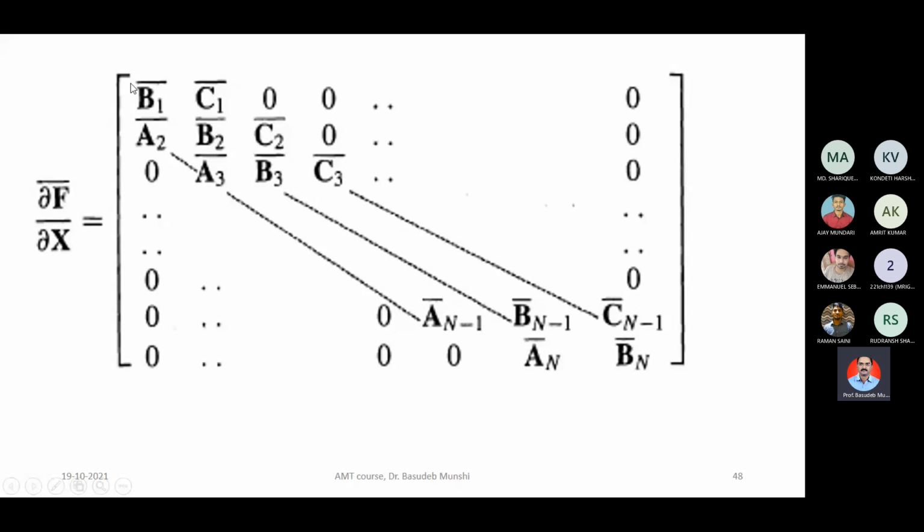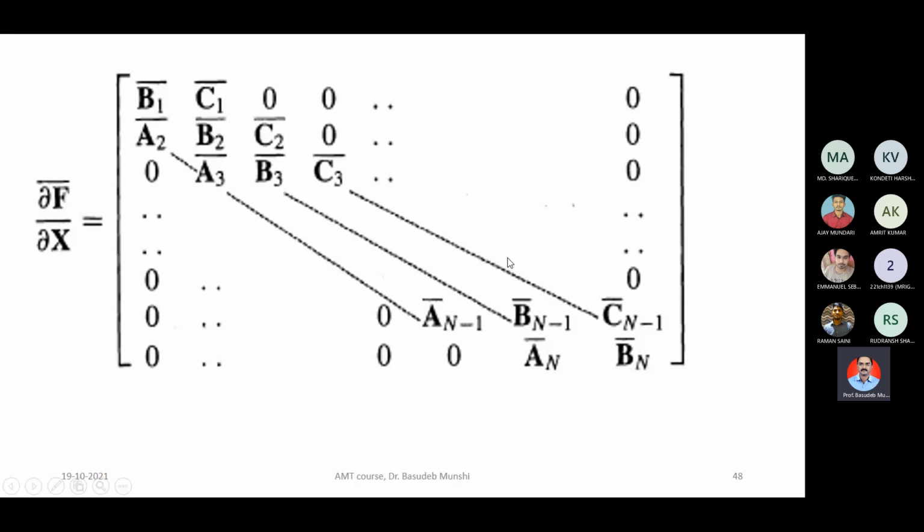Here also you will get elements, but those are themselves vectors. This b, c, a2, b2, c2, a3, b3, c3, an, bn are all individual matrices. What is the size of those? Overall size is n cross n, but the size of each element matrix is 2c plus 1 cross 2c plus 1.